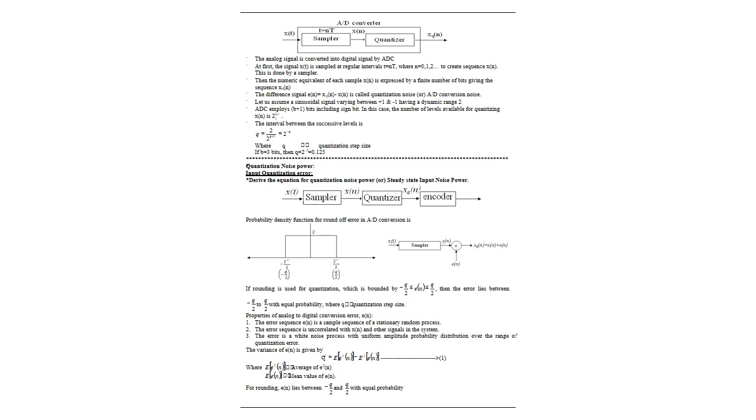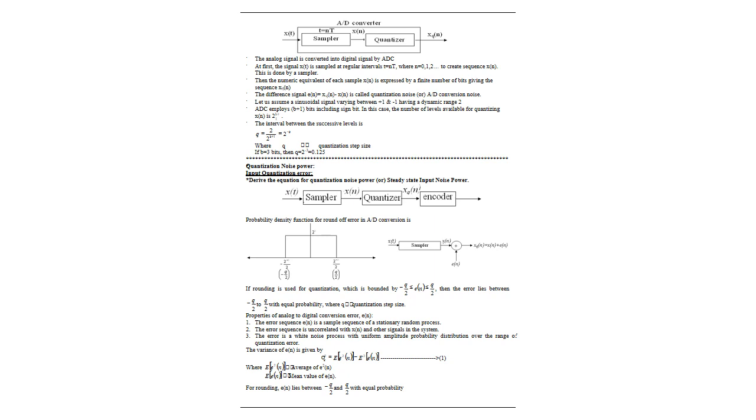The properties of the analog to digital conversion error e of n: the error sequence e of n is a sample sequence of a stationary random process. The error sequence is uncorrelated with x of n and the other signals in the system. This error is a white noise process with uniform amplitude probability distribution over the range of quantization error.